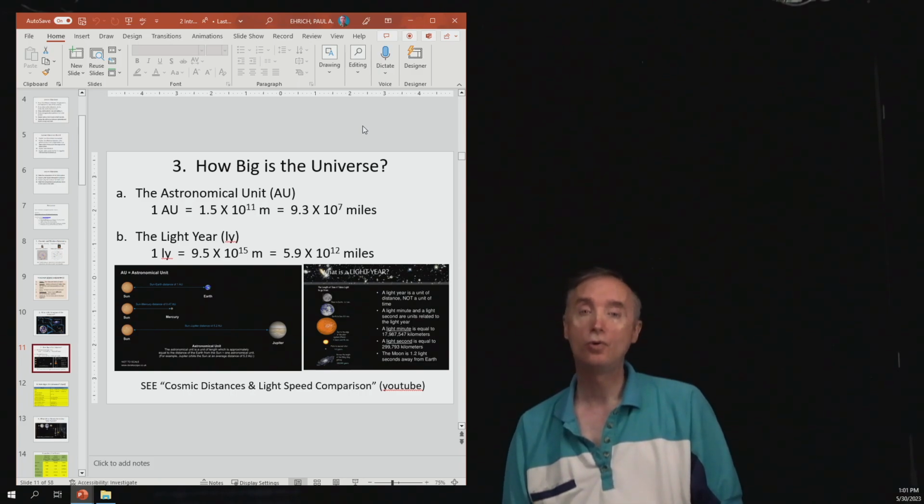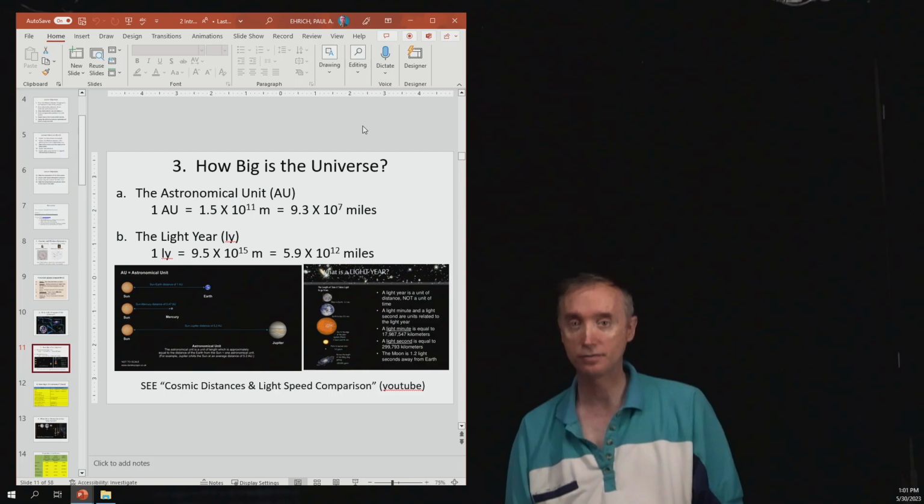Okay, you should know what an astronomical unit is: the distance from the Earth to the Sun. You don't need to know the number that goes with it. Similarly, a light year is the distance that light, going at the speed of light, can travel in 1 year.